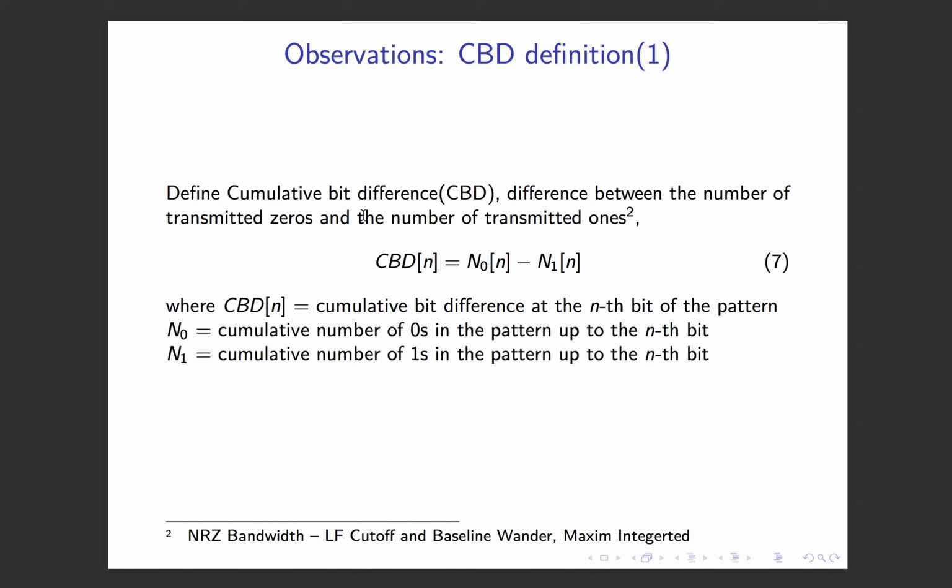So here CBD(n) just represents the cumulative bit difference at the nth bit pattern, whereas N0 and N1 represent the number of zeros in the pattern up to the nth bit and the number of ones up to the nth bit. So from the difference we can get this CBD metric. Well, we will see how this CBD plays a role in the baseline wandering, and why we have introduced it.